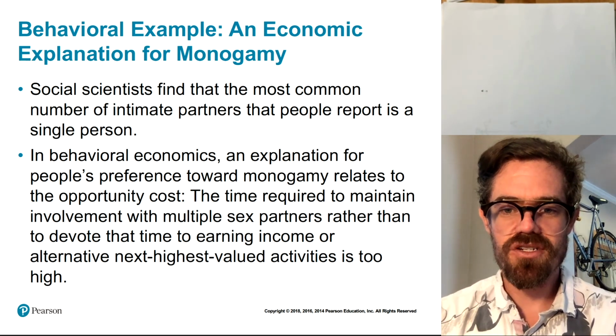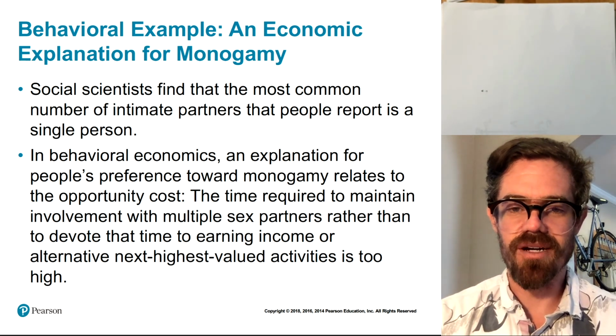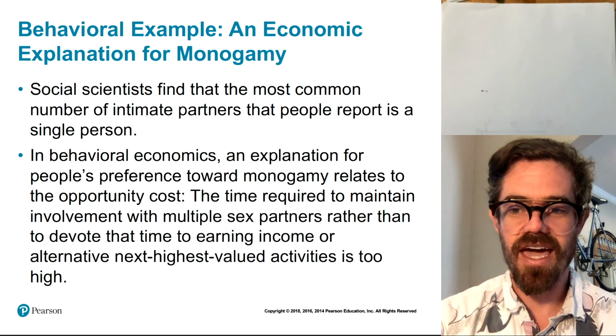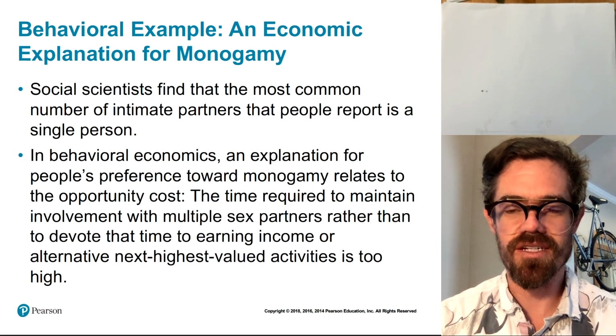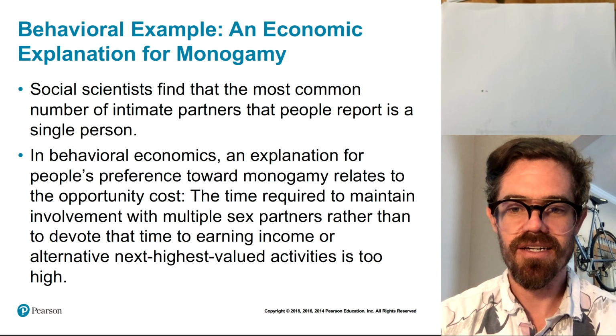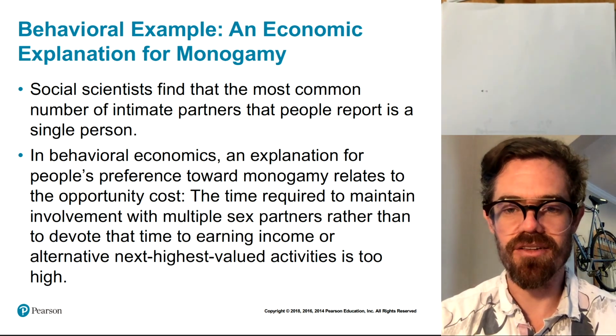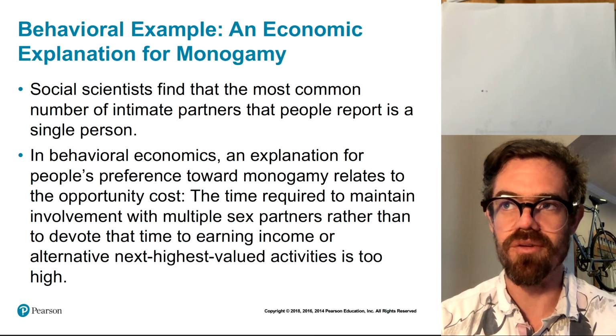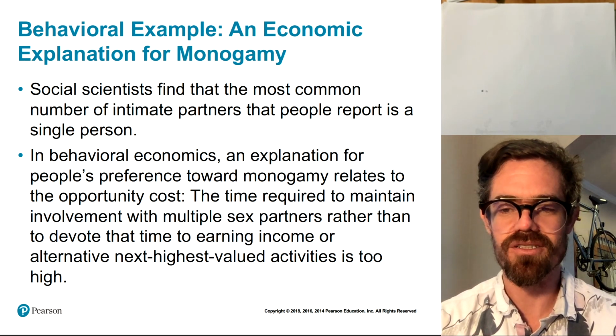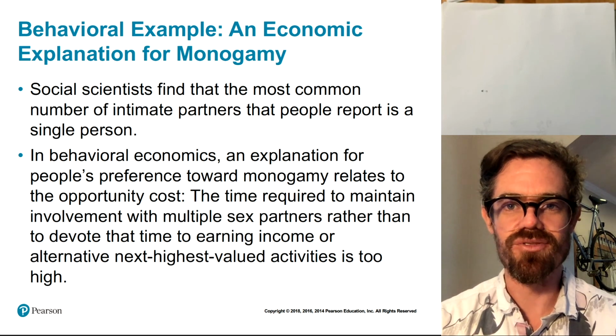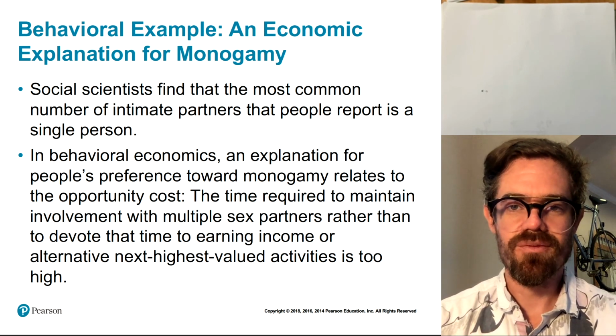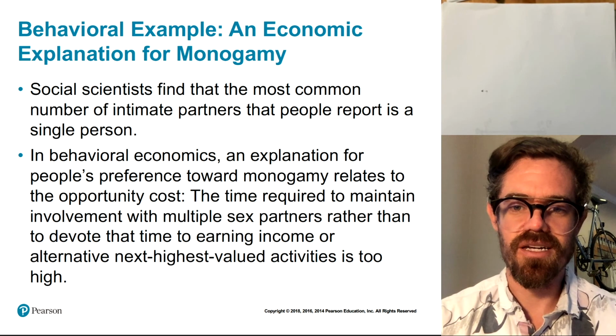Now, an explanation for this is that people might feel that the opportunity cost of having more than one intimate partner is just too high. Got to give up too much time, too much money, too many other resources to have more than one partner, and so it's not worthwhile having more than one intimate partner, right? So here's a really interesting real-life behavioral economics example, right?